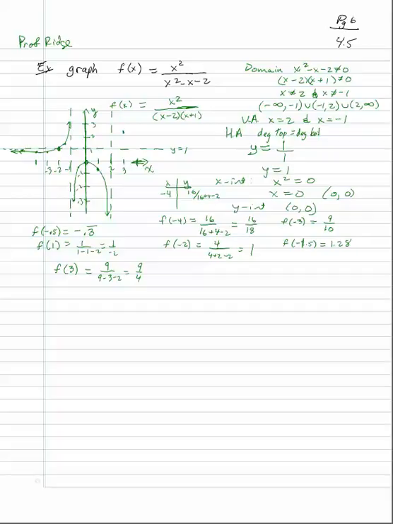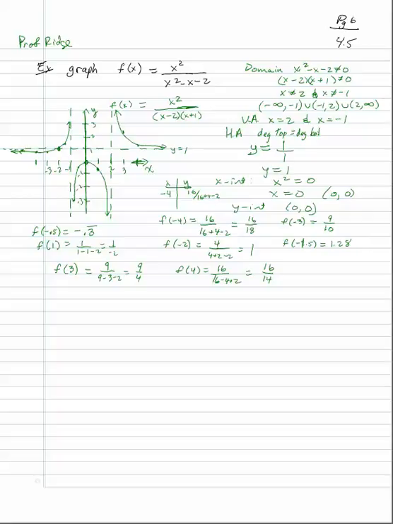And then if I do f of 4, that's going to give me 16 over 16 minus 4 plus 2, which is 16 over 14. That's a little more than 1. So over here, this is what's going on. Okay, so that's that graph.